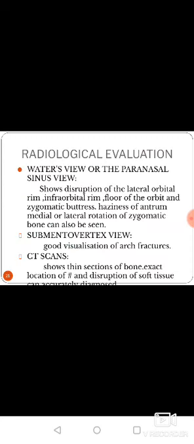One of the typical features, just by looking at the face, we can know that there is a zygomatic complex fracture. And when you see the patient has a sunken eye or a depressed globe, we can always identify such features in these patients.